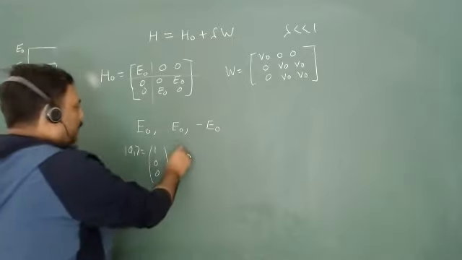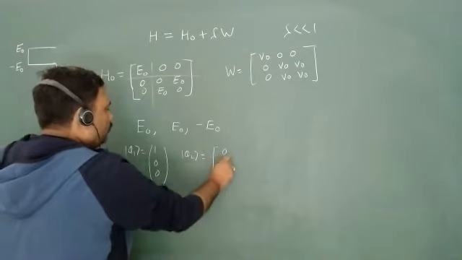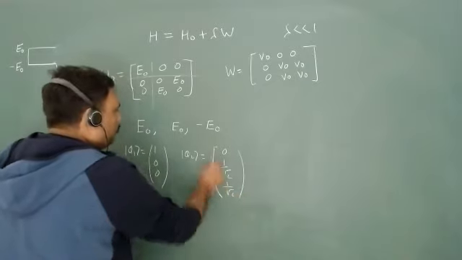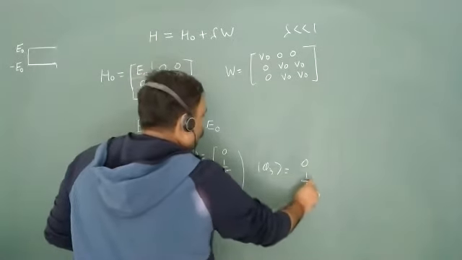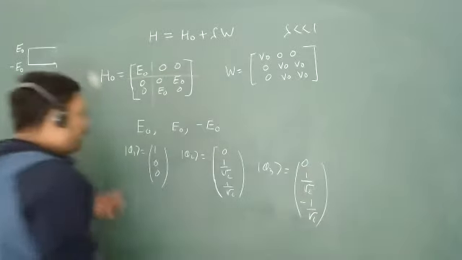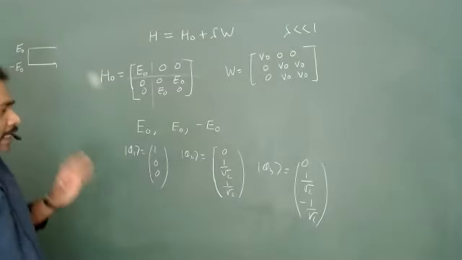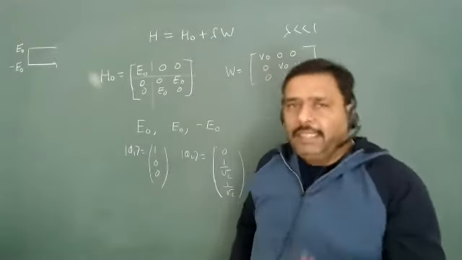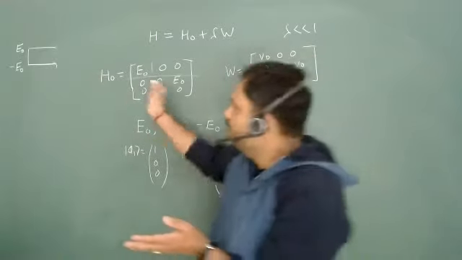And from here, I get this E naught: phi 2 is 0, 1 by root 2, 1 by root 2, and phi 3 is 0, 1 by root 2, minus 1 by root 2. So I have these basis vectors. I know the eigenvalues and eigenvectors, and I have chosen these eigenvectors in a very intelligent form. You can have n number of basis vectors because there is degeneracy in the picture.